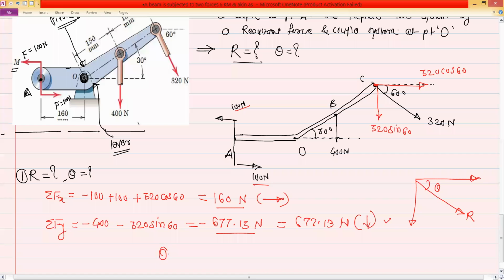We can find theta as tan inverse of summation Fy divided by summation Fx. So tan inverse of 677 divided by summation Fx, which is 160 Newton. So the angle is 76.71 degree.